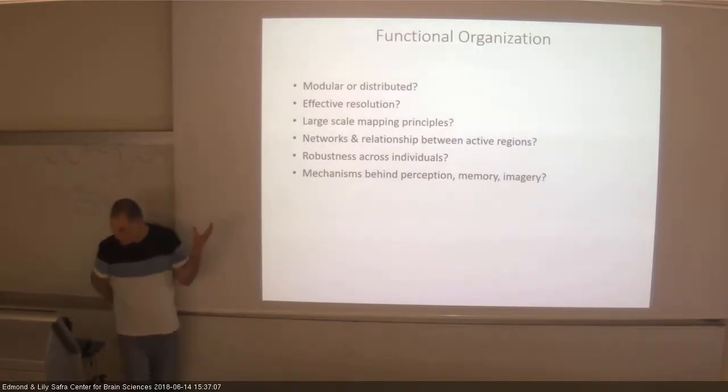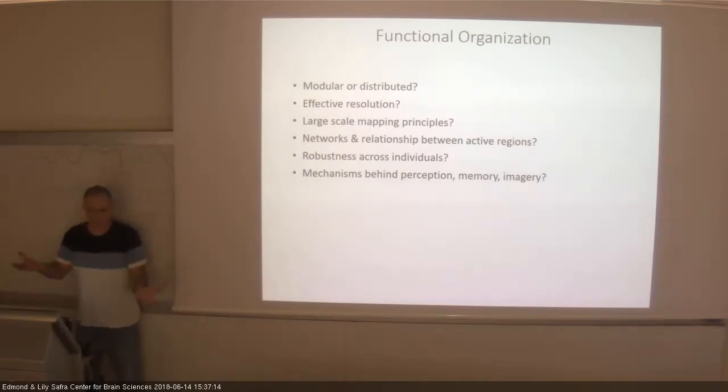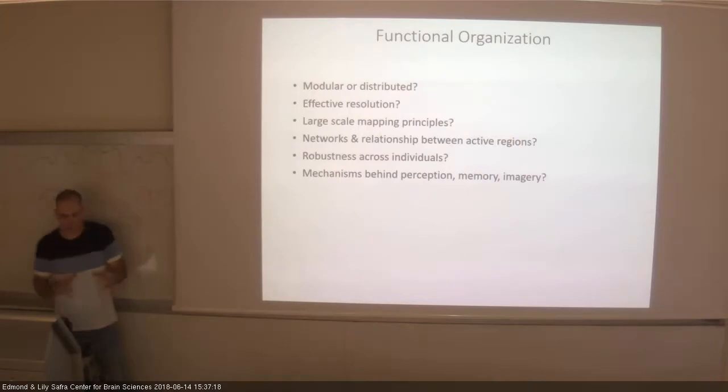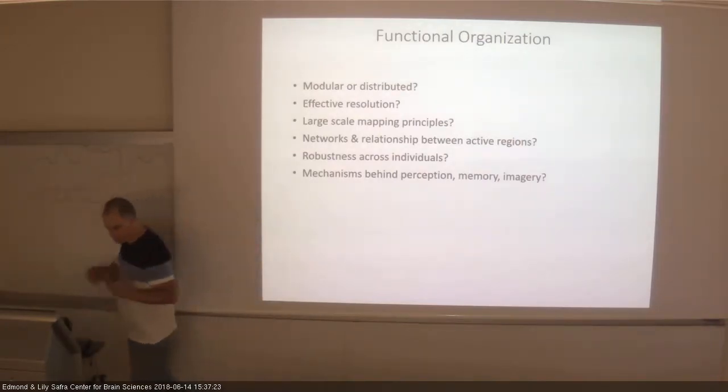So up until now, we talked about which voxels are active to which condition, or in other words, which areas participate in that task or represent that stimulus, and which areas, or which voxels, don't.